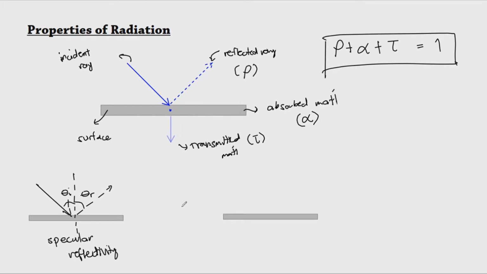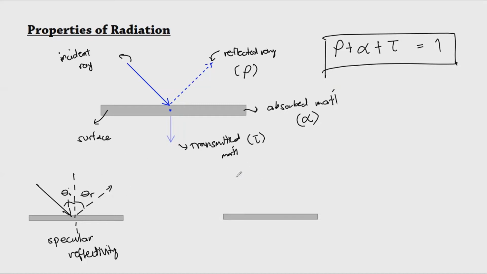When we talk about specular reflectivity, it means that when an incident ray hits a surface, it will not scatter the rays. Instead, it will just mirror the angle of incidence, and that's where the reflected ray will go.